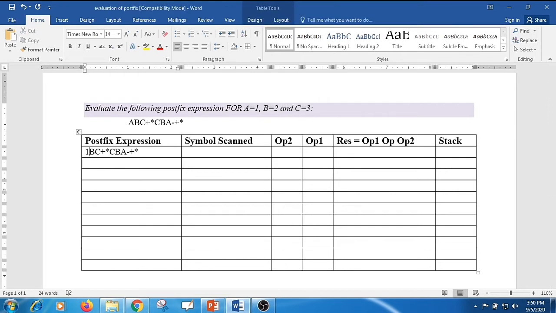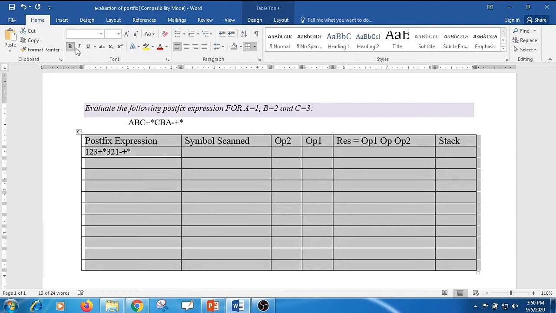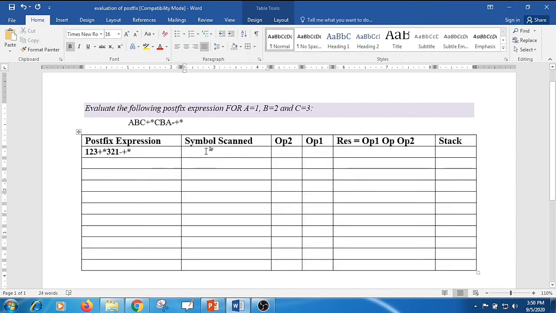Instead of A I write 1, instead of B 2, instead of C 3. So this will be your postfix expression now. How can we evaluate this expression without converting it into an infix expression?